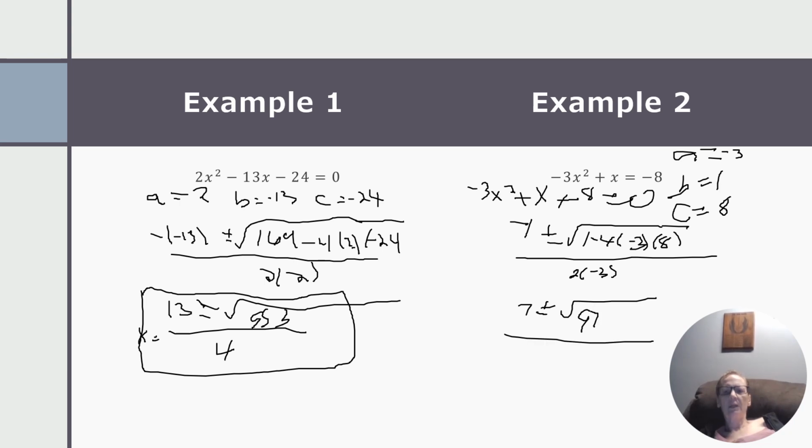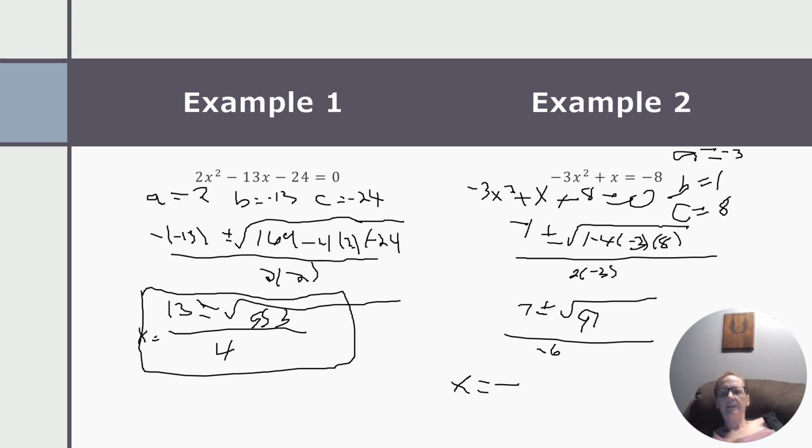All over 2 times negative 3 is negative 6. Again, the square root of 97 can't be simplified. So generally what we do is we take that negative and we move it up top, or you can write it up front. This might be the easiest way, but I just move it up top.